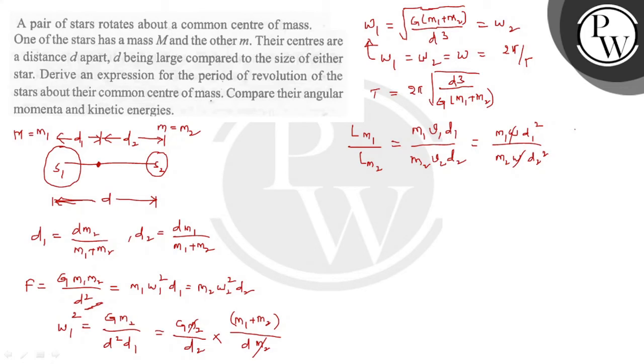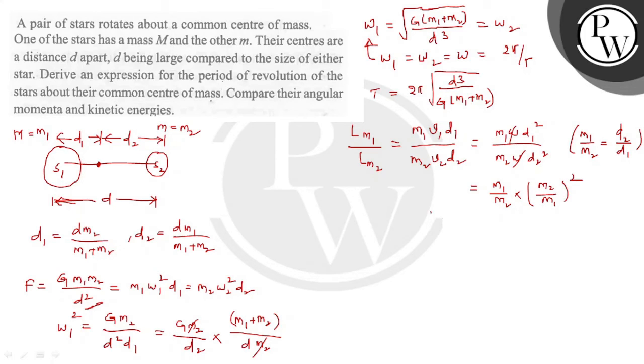Now m1 by m2 into d1 by d2 whole square, and since d2 by d1 equals m1 by m2, this changes to m1 by m2 into m2 by m1 whole square.